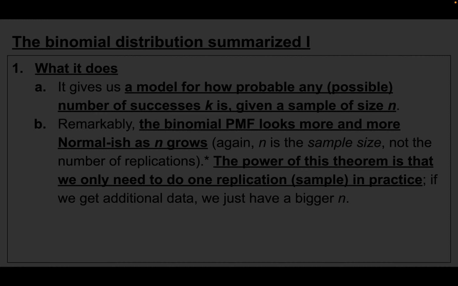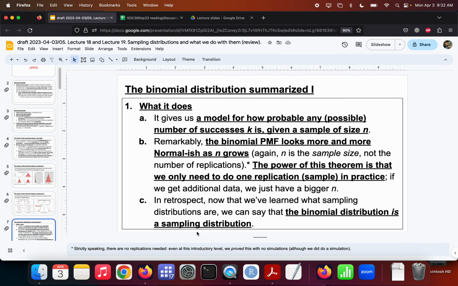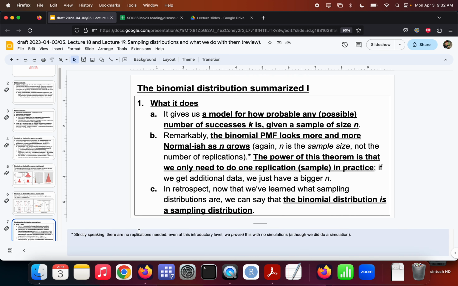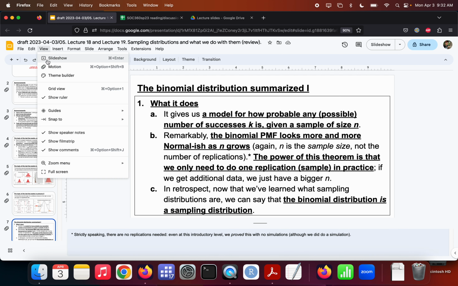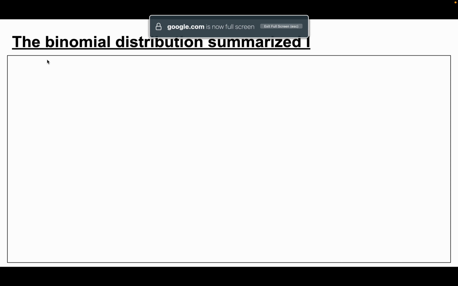And by the way, you should check out my footnotes if you don't normally, because there are oftentimes useful things in there. So in this case, note that, strictly speaking, there are no replications needed. We don't actually have to do any kind of replication whatsoever. We can just say, we know we have a sample of this size, and that's it. There is no place in the binomial distribution to write down some number of replications. It's a non-concept.